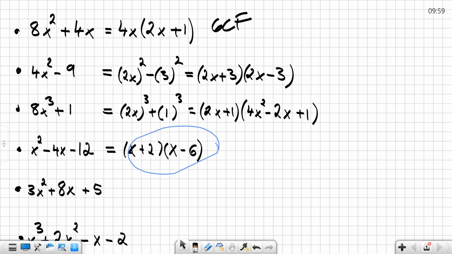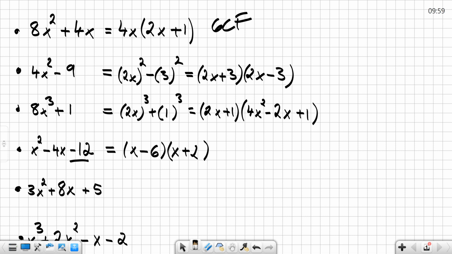Hold on, this doesn't look very nice. Let me write this again. 2 numbers whose product is negative 12, but whose sum is negative 4. Negative 6 plus 2. Which factor comes first does not matter. I'm double checking. Negative 6 times 2 is negative 12.